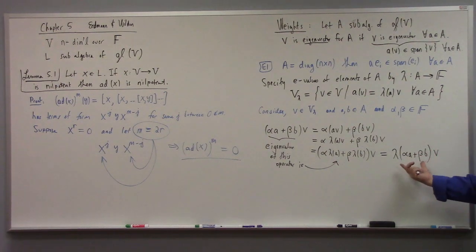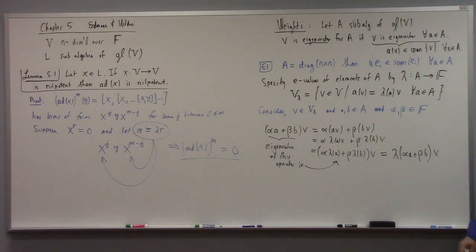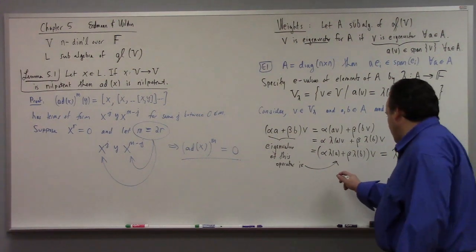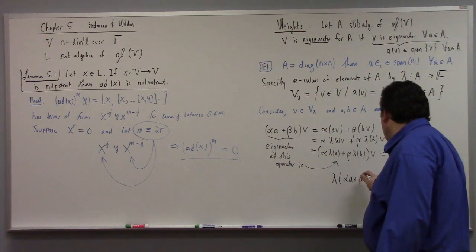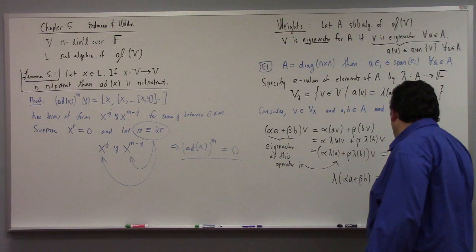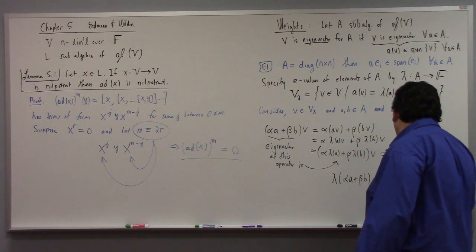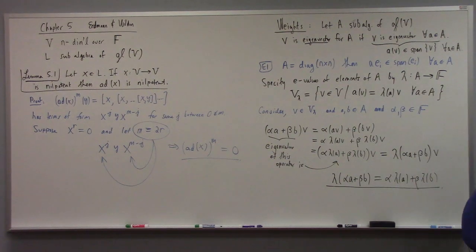Whatever number appears in front of v is the eigenvalue. So since that holds for all v, lambda of alpha a plus beta b is equal to alpha lambda of a plus beta lambda of b, and that is telling us what about lambda?